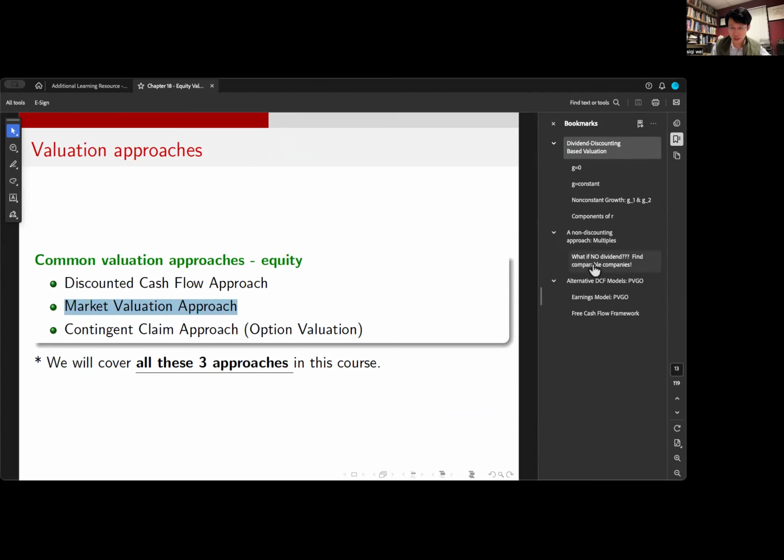The third one is the alternative discounted cash flow approach using PVGO and the firm's free cash flows. For the earnings model, we decompose firm value into the present value of growth opportunity and the asset in place. And for the firm free cash flow approach, we use the firm free cash flow to calculate the firm value, and then use the firm value to back out the equity value, without looking at the dividends. So that's what we have for this topic.